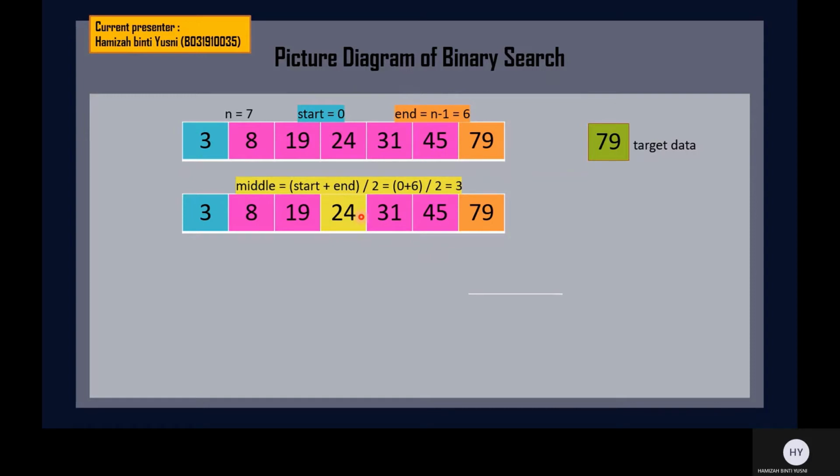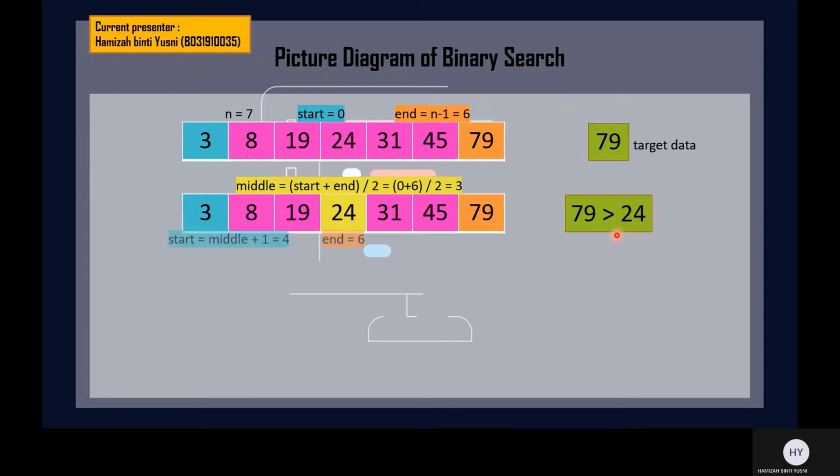The middle element will be compared with the target data. Since our target data just now is 79, 79 is larger than 24. If larger, the start value will be updated, which means searching will be done on the second half, which is the right part. If in the other case the target data is smaller than the middle element, then the end value will be updated, which means searching will be done on the first half, which is the left part.